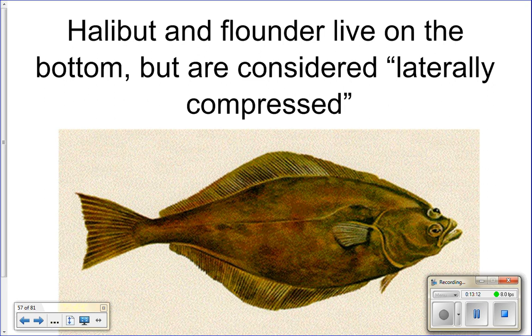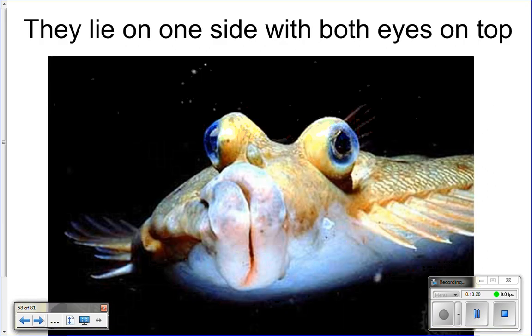If you were to look at a flounder from the side to see its face, this is the mouth, and this eye should technically be over on the other side, but it's not. It lays on its side.